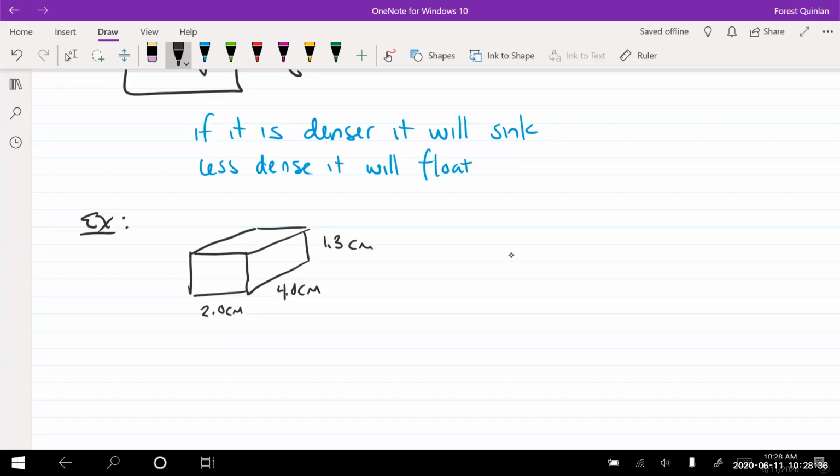And it weighs 89.232 grams. What is its density?